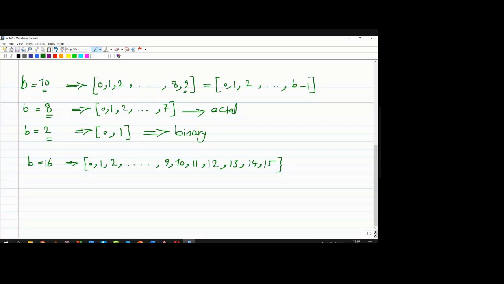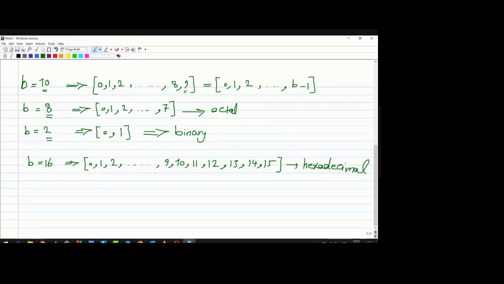Why? Because b is 16, 16 minus 1 is 15. Using these digits, we can represent each number in hexadecimal.